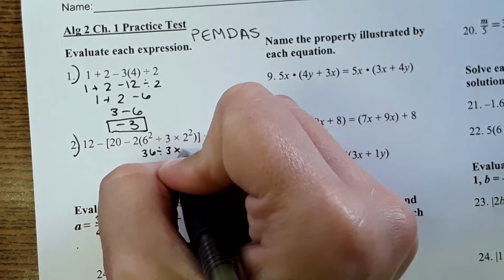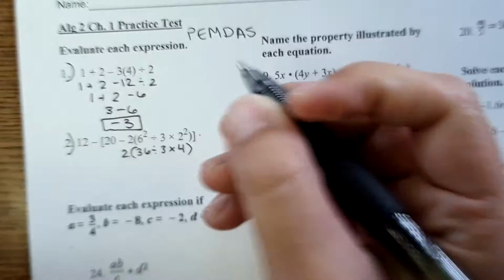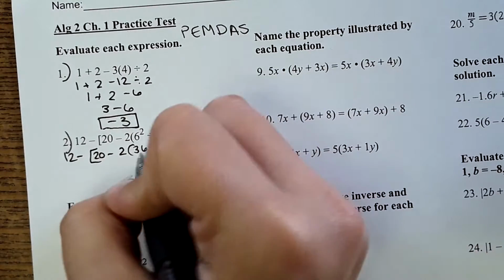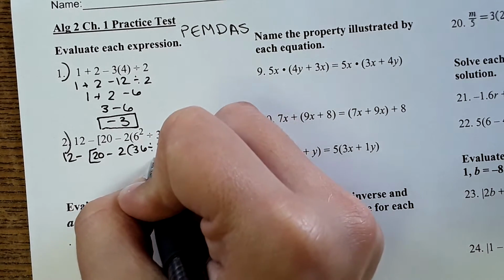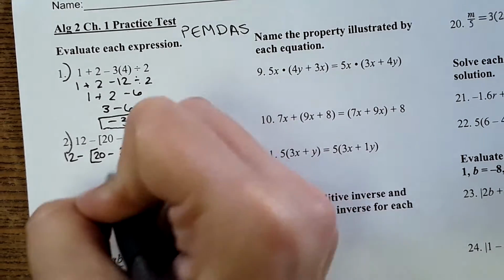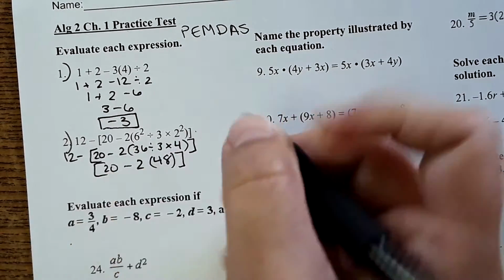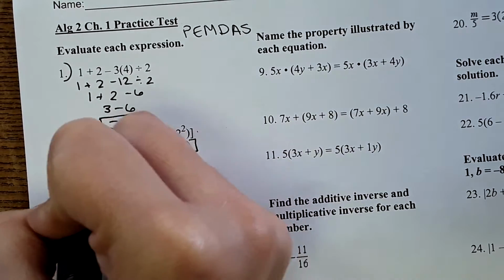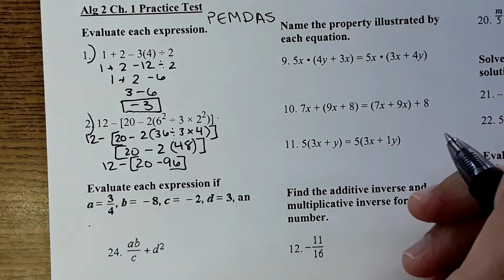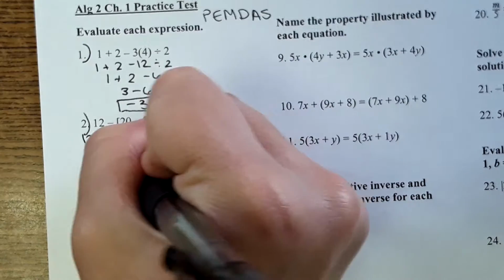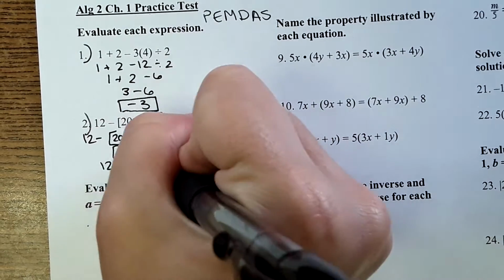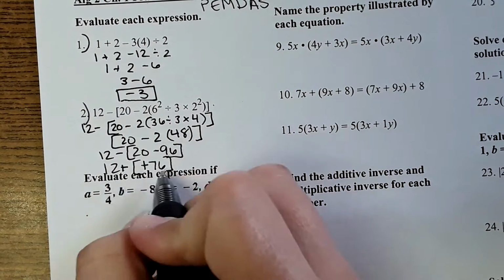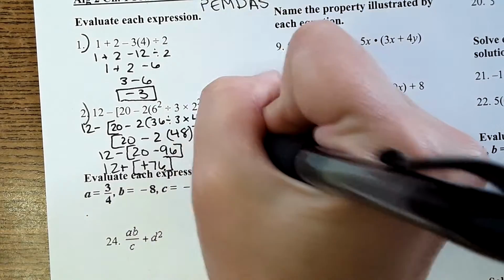Bring everything down. 2 times 2 would be 4. 36 divided by 3 is 12. 12 times 4 is 48. 20 minus 96 would be -76, and 12 minus that. When you subtract a negative, you add the opposite, so it becomes 12 plus 76, which would be 88.